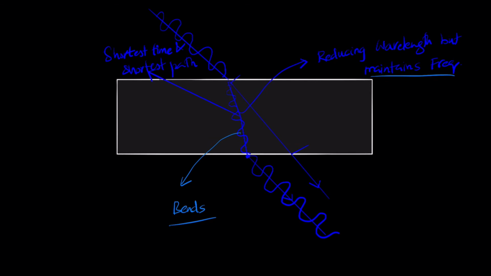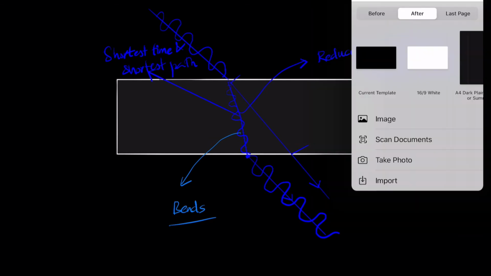So take the analogy of beach and water, for example, let's consider sand and water here. Let's consider another example where you're on the beach and you want to go into the water.